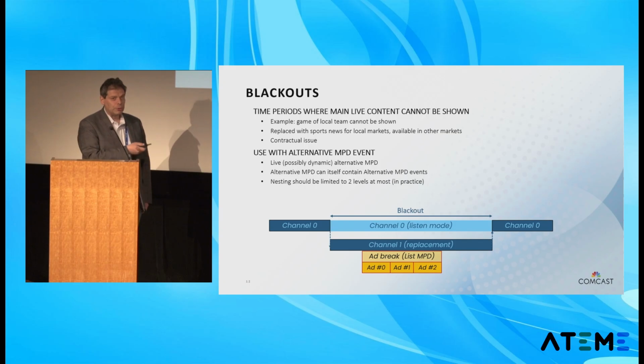So you can do this using an alternative MPD event, and then the alternative content, which is let's say you had ESPN1, you switch to ESPN2. It also may have ads. So you have a second level of alternative MPD events. You need to be very careful with this, because if you start adding more and more levels, it'll consume more and more resources. So on the Dash F side, we'll probably need to limit this.